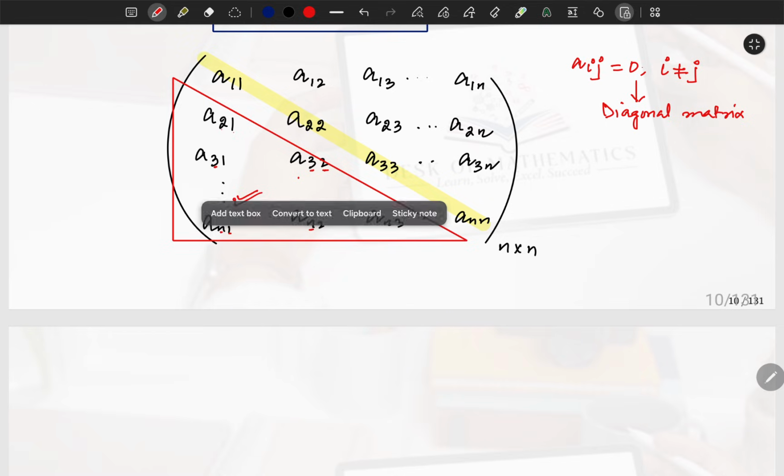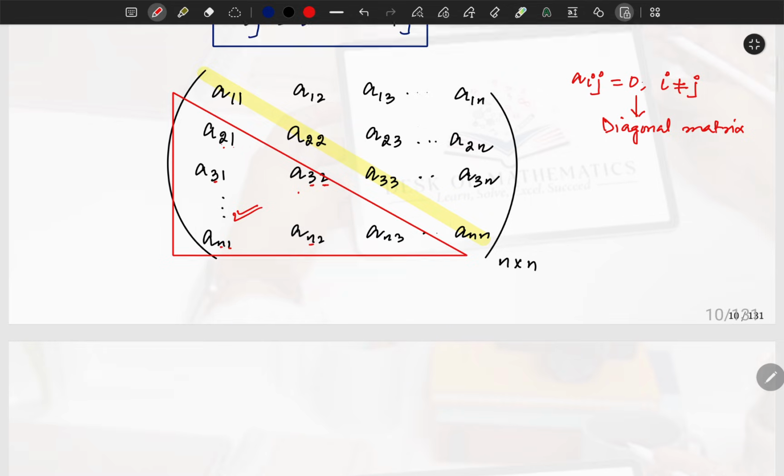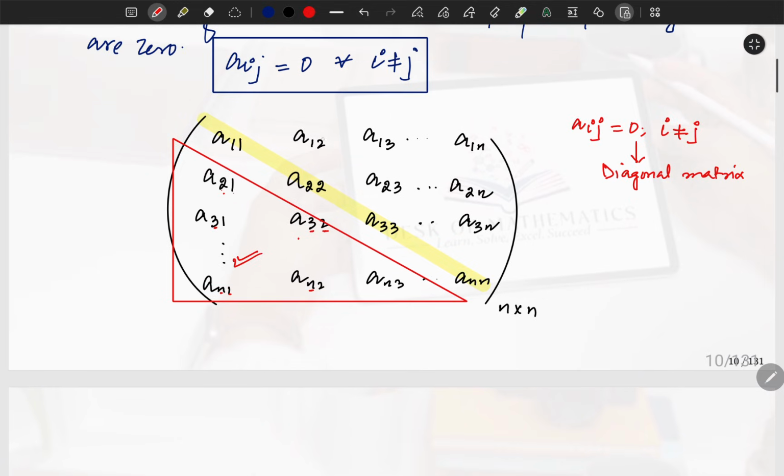So i is always greater than j. And here you can say i is always less than j. So if Aij, now listen, those elements Aij are 0 when i is less than j.